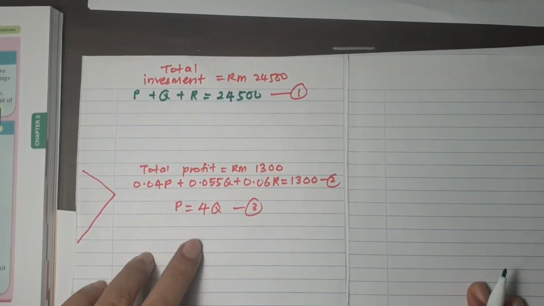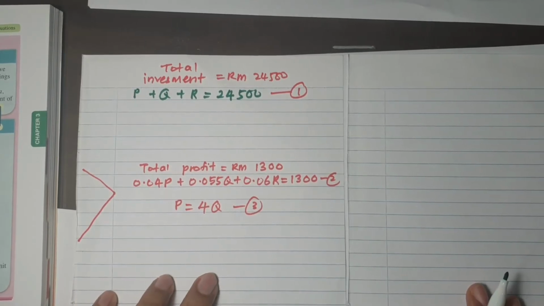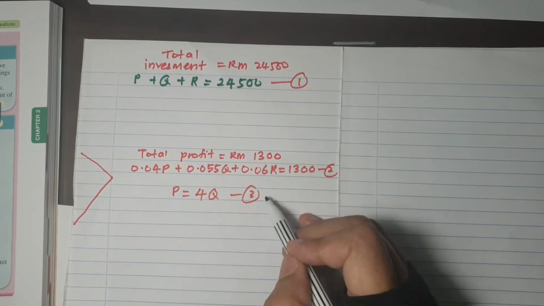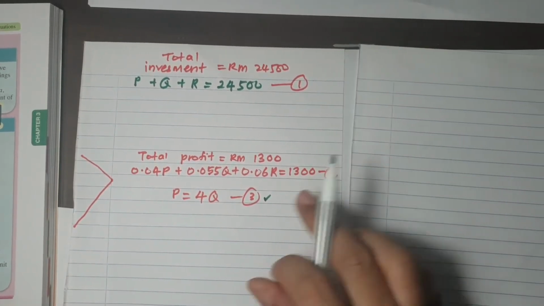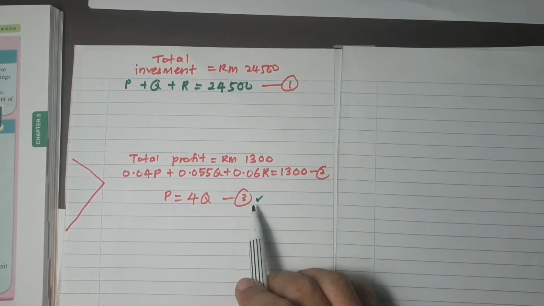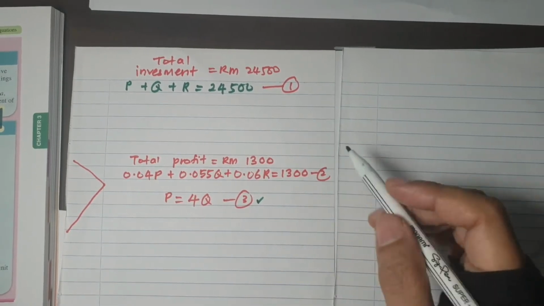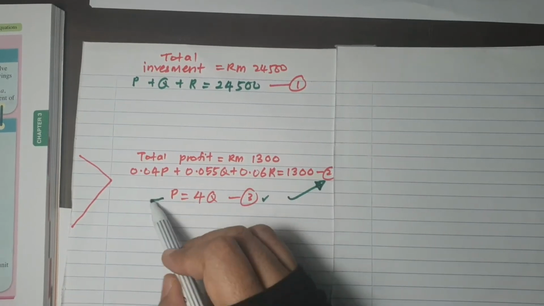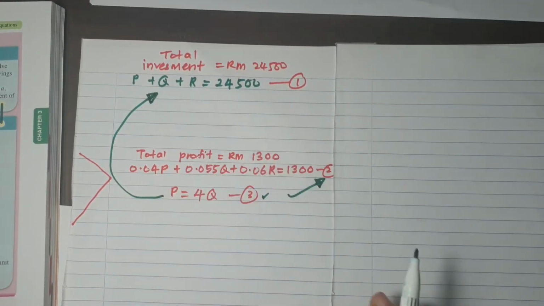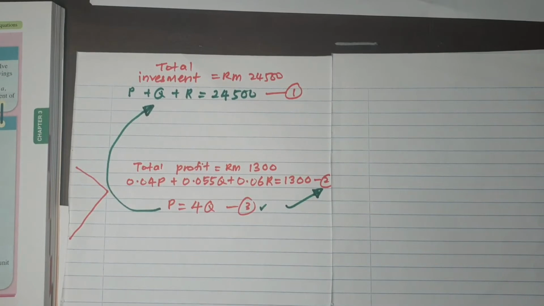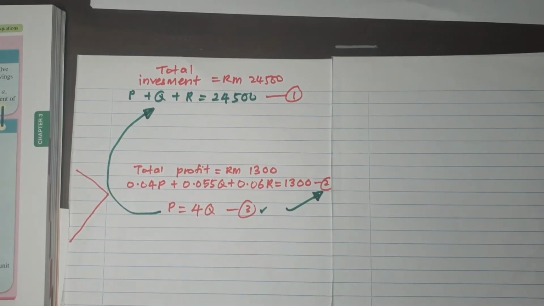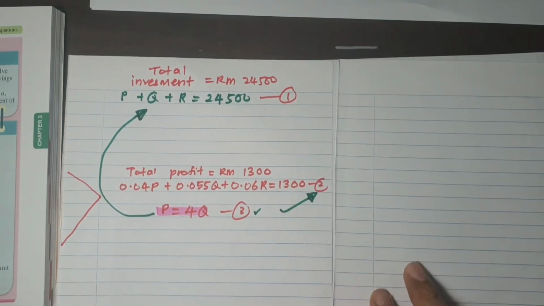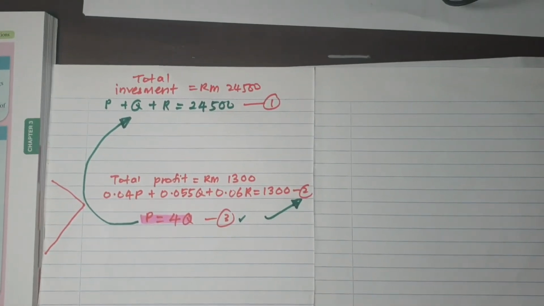Then you can solve. Okay, let's solve. So from here, ingat lagi saya ajar, saya kata apa? First, after you choose which one you want to make as your subject, then from this equation, you kena tembak dalam the second one dan juga dalam the first equation. Okay, let's tembak.